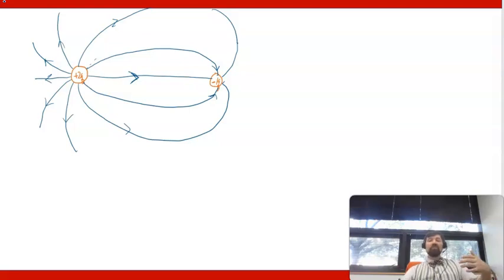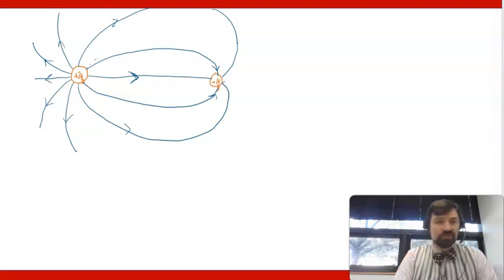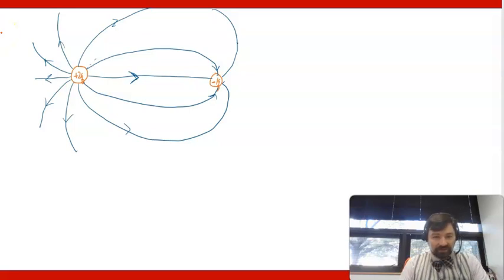If we were to zoom way out, that would put these 2, so I'll label it as +2 and -1. Then again, you have this really, really strong field in this region. Like so.